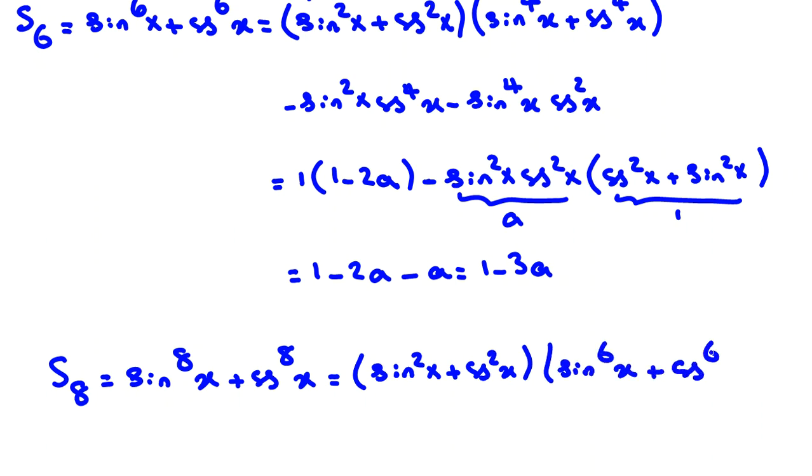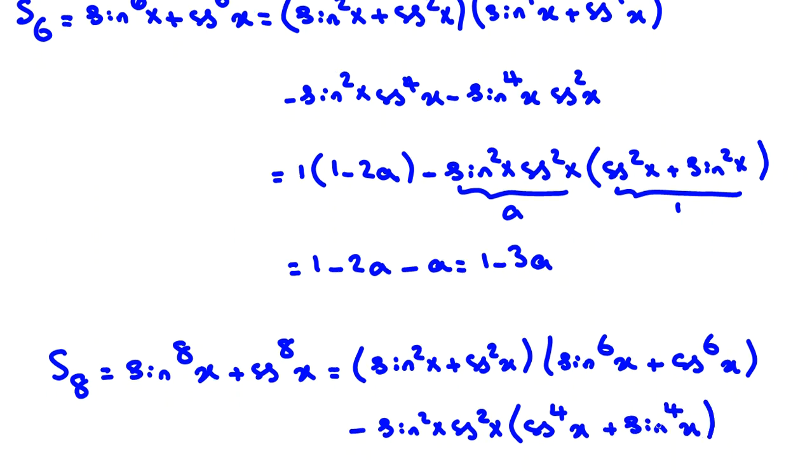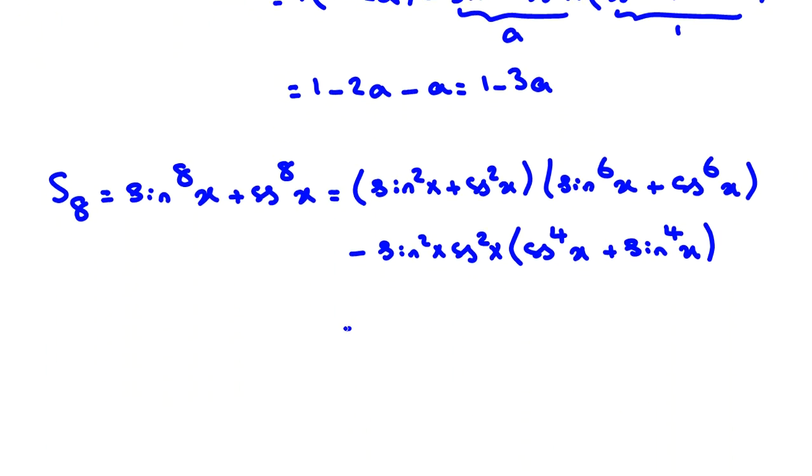Sine 6x plus cos 6x. Here you create again sine squared x cos 6x. You can factor sine squared x cos squared x; if you factor from this, cos 4x will be left, and from this, sine 4x will be left. If you multiply, it will be sine squared x cos 6x, and cos squared x sine 6x.